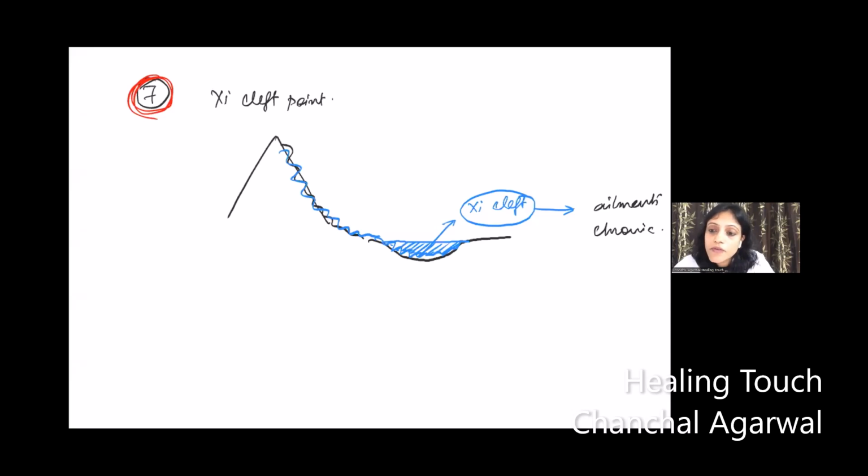So these points are very strong points. Though these can be used in acute problems also in some cases, in chronic cases, especially after treating a particular disease, if you treat it with the Xi-Cleft point, it acts like a sealant. So it's like applying Fevicol, then putting sellotape over it. Fevicol is treating the ailment with the protocol, and sellotape is nothing but your Xi-Cleft point. Clear? Did you understand?